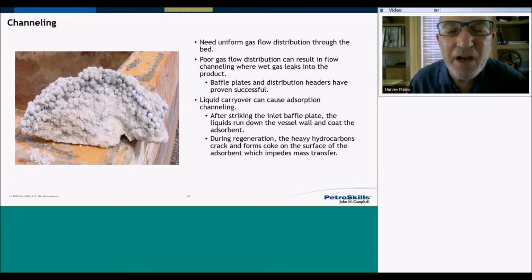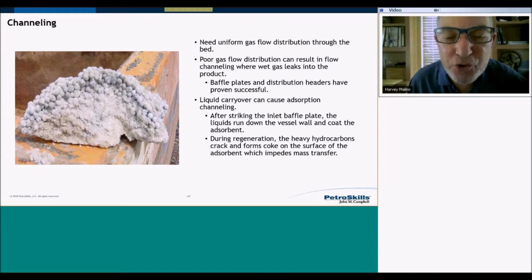So these heavy hydrocarbons run down the vessel wall and they coat the particles. And when you heat it up during regeneration, you're going to crack the hydrocarbon liquids, and it's going to form a carbonaceous material around the pellets or beads that are kissing the vessel wall, and you're going to have very poor mass transfer. This results in adsorption channeling.